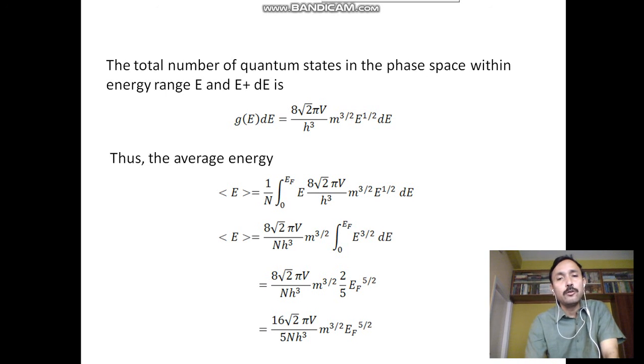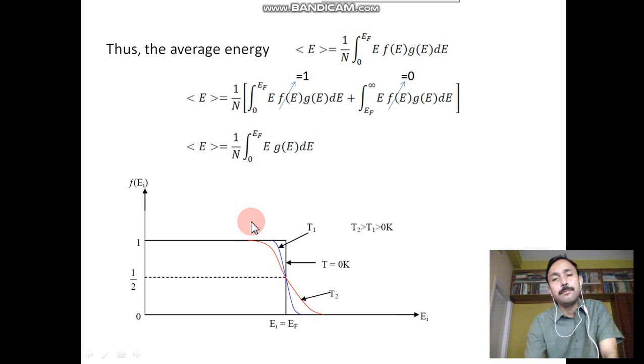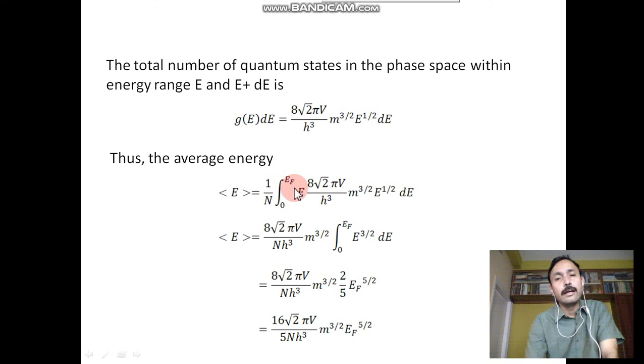So putting this value of g(E)dE into the average energy expression that we have derived earlier, we get 1 by N integration 0 to EF E times 8 root 2 pi V by h cube m to the power 3 by 2 E to the power half dE. All these terms up to m to the power 3 by 2 are constant, so they will be outside the integral.